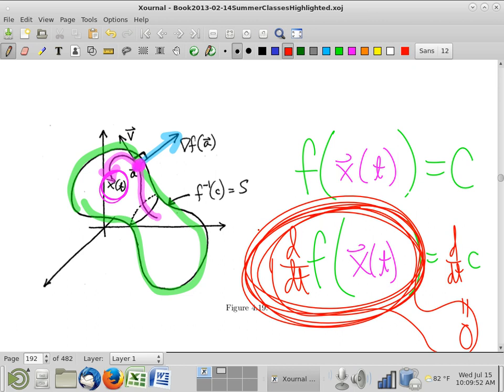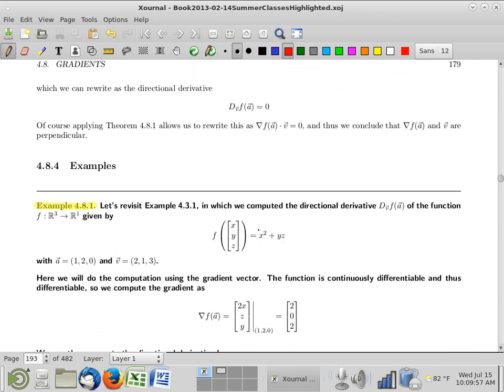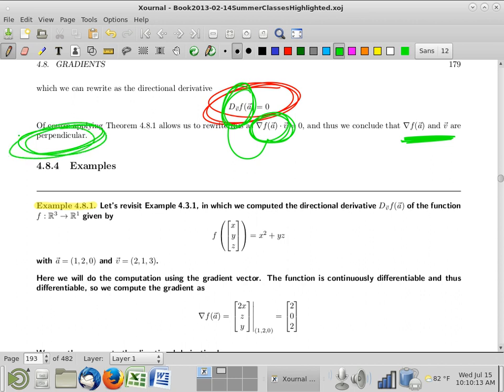Well, the directional derivative is 0. And if the directional derivative is 0, keep in mind the directional derivative can be computed as a dot product with the gradient vector, and that means that the gradient and the velocity vector are perpendicular. Does that make sense? Everybody on board?